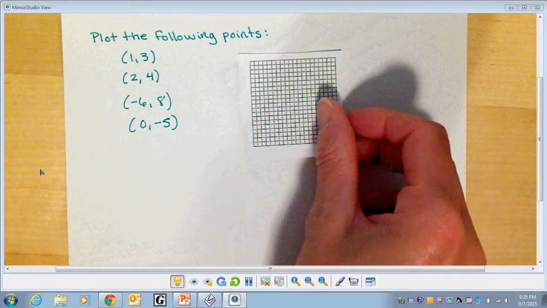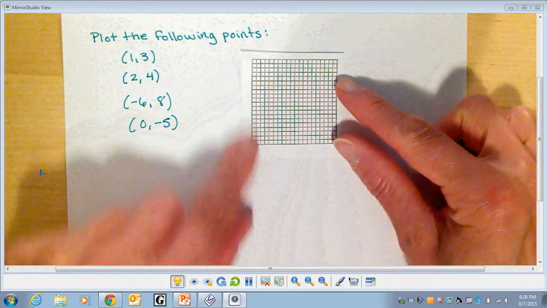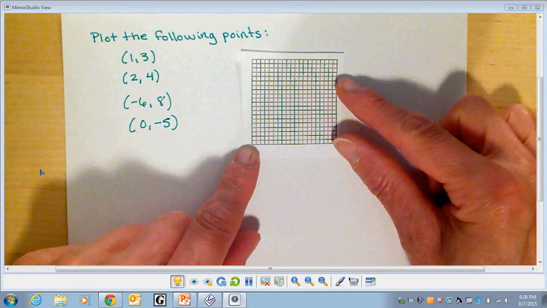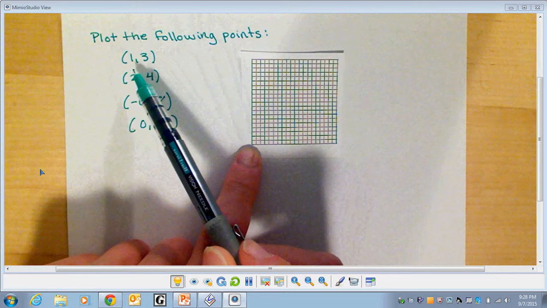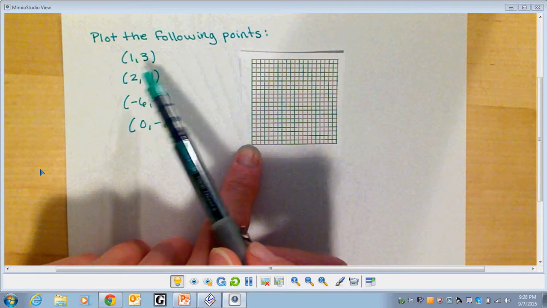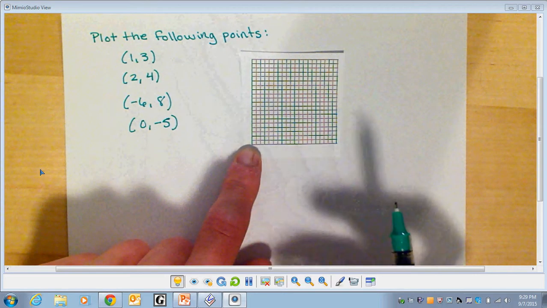So you may think, okay, if I had some graph paper, perhaps I could put these points somewhere on the graph paper. Well, the problem then is, where am I going to put 1, 3? I could just put 1, 3 anywhere.